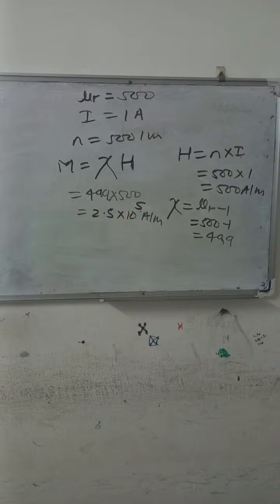Okay, write down the next question. What is the magnitude of the equatorial and axial fields due to a bar magnet of length 5 mm at a distance of 50 centimeter from its midpoint?